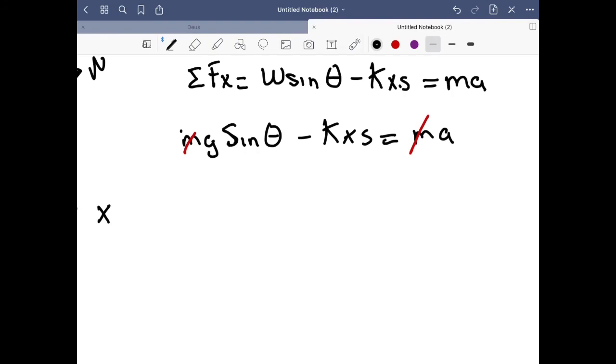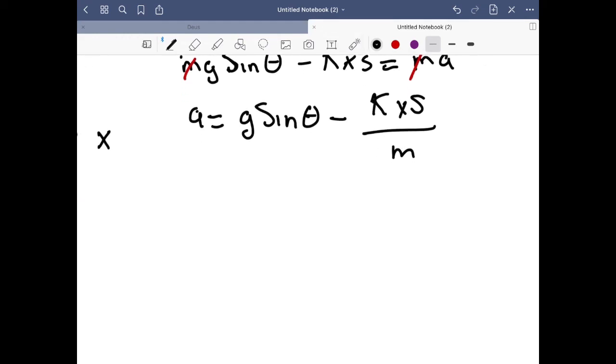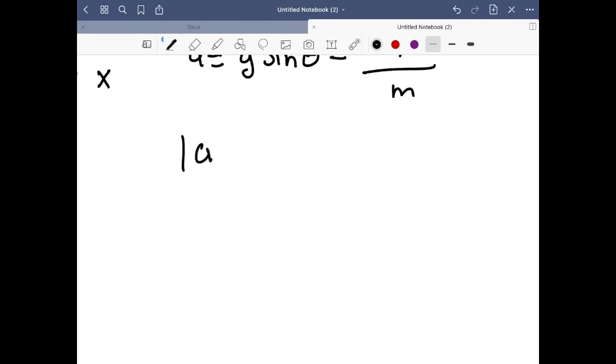And to isolate a, we have to divide both sides by m, and we cancel the m that is next to the acceleration. And now we have that the acceleration is equal to k times d minus mass times gravity times sine of theta, divided by m.